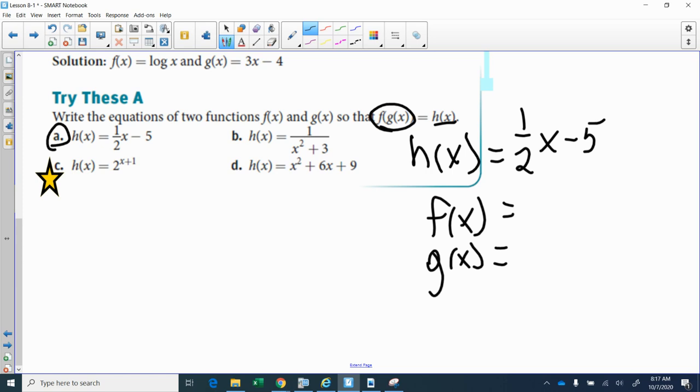Well, to do this, I have to think back to the original. How could I plug in one equation to get another? Well, in this problem, I want to think about, first off, what is the separate equation? Well, technically, this is separate of itself. So what I can do in the g of x function is say that that was probably my original that I plugged in. While for the f of x, I just want to think about how I would actually get that composition based off the original.